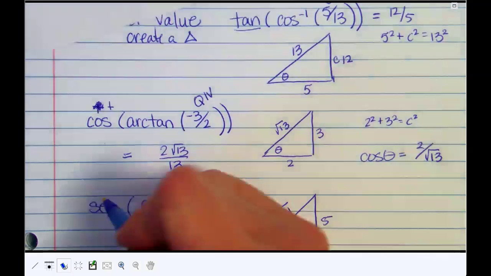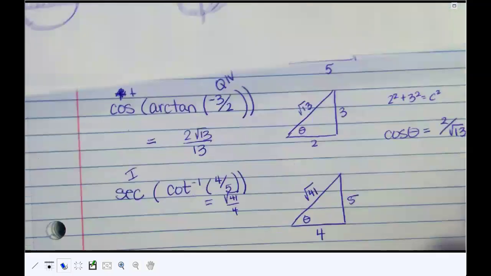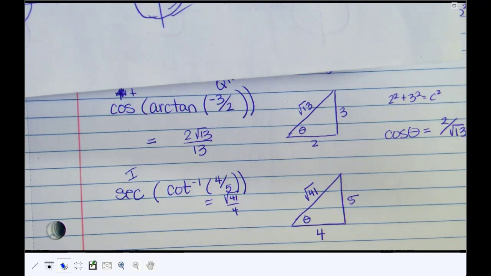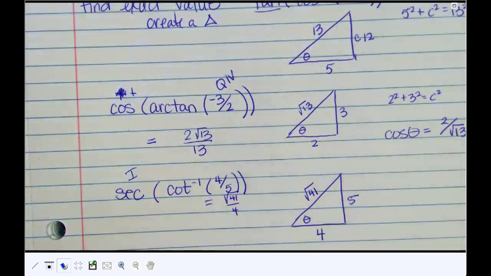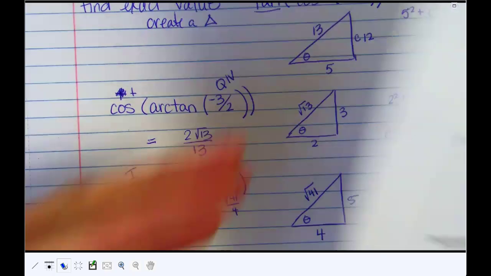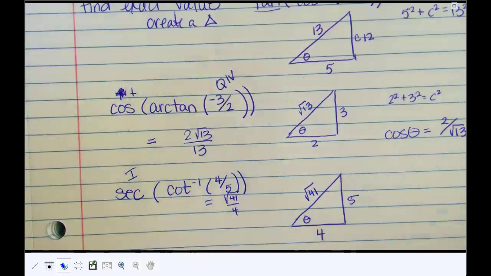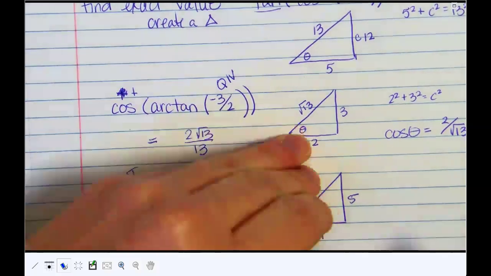So what will secant be in quadrant 1? Positive. If tangent is positive, cotangent is positive, cosine is positive, secant is positive. Okay? We're going to do one more like that where you have to do some thinking with negatives, and then I will give you homework time.